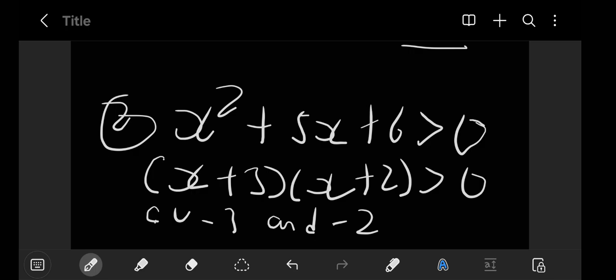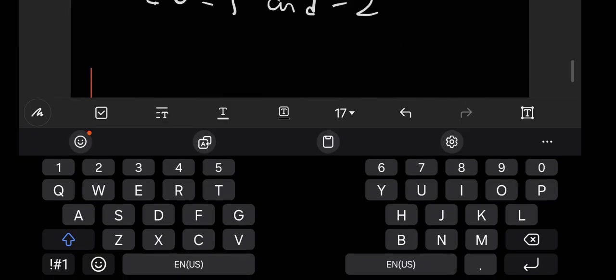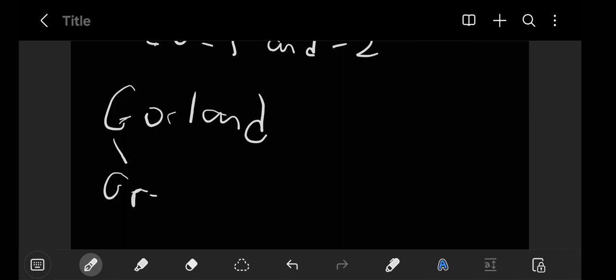But before we move on to the other parts, there's this technique I learned from school. My teacher explained this to us and he's really good at this. It's called Gorland. When something is greater than, it's when the value of your discriminant is greater than 0.